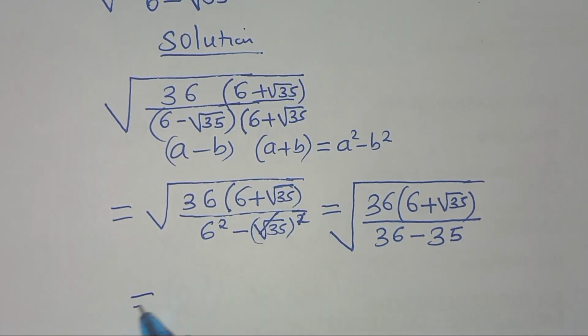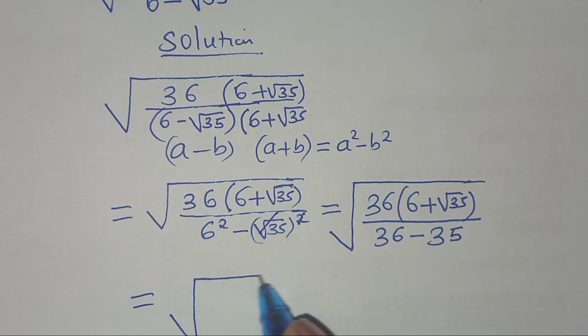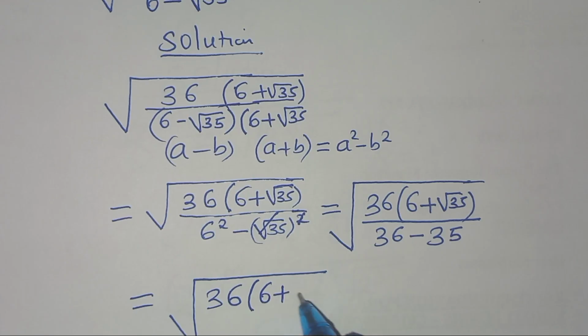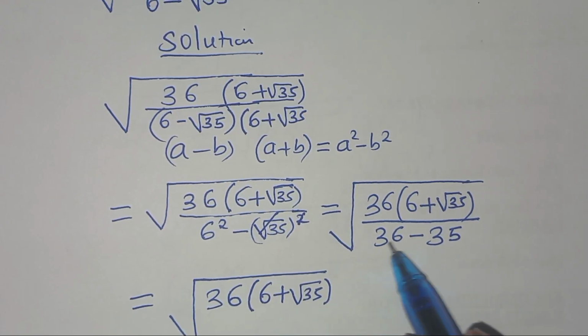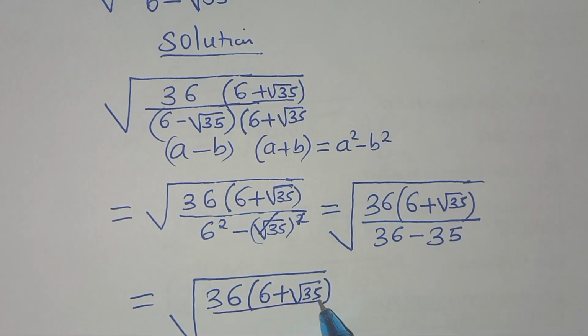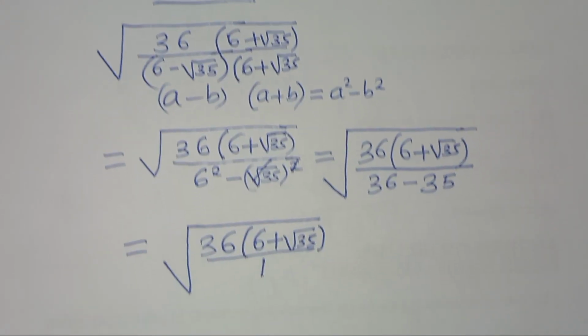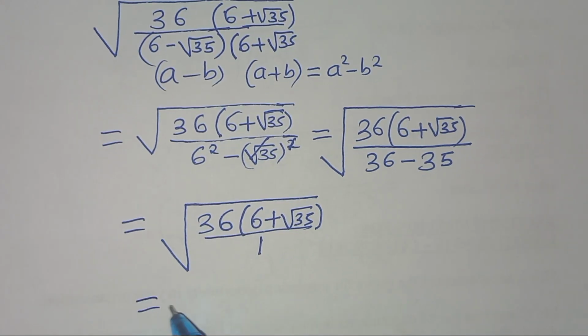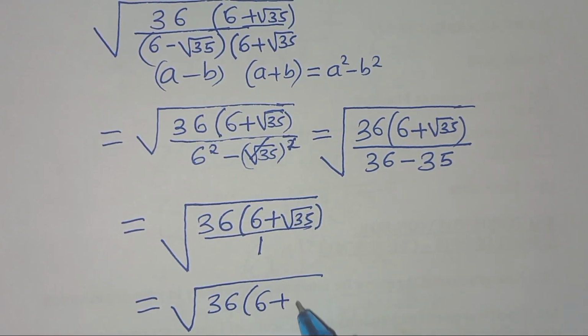So in this case here, we have the square root of 36 multiplying by 6 plus square root of 35 divided by 36 minus 35, this is the same thing as 1. So here we have square root of 36 multiplying by 6 plus square root of 35.